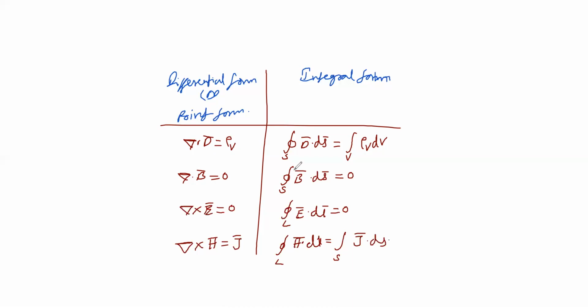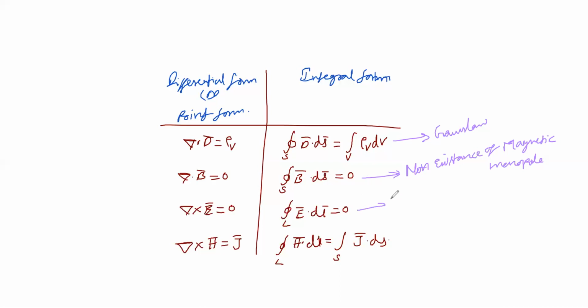These equations we can denote with different names. The first one belongs to Gauss law. The second one denotes the non-existence of magnetic monopole, where there is no division of the magnetic fields.